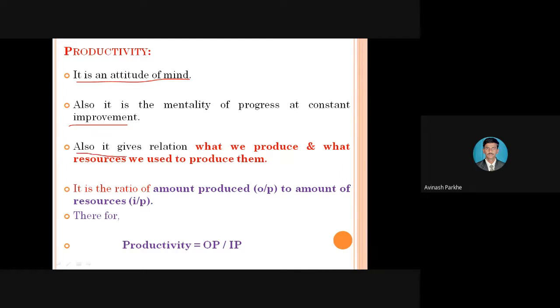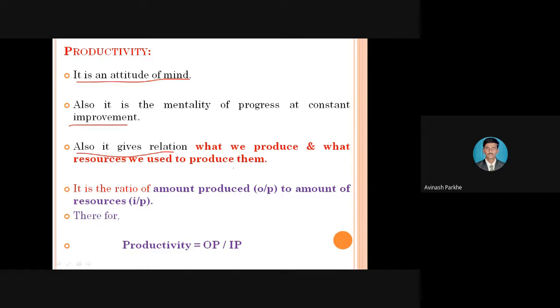Therefore, productivity can be defined as what we produce and what resources we use to produce them. It also gives what we produce, which product we have to produce, and in order to produce that particular product, which resources we are using.